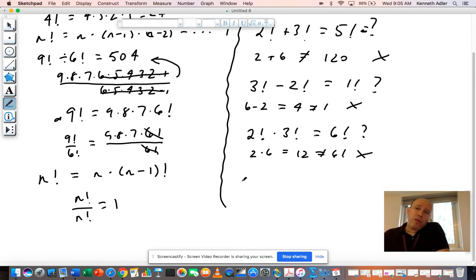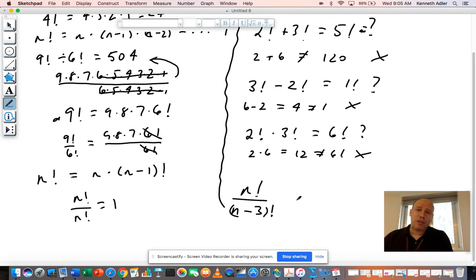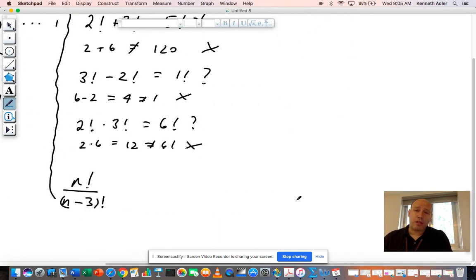So what we can do is manipulate. An example in the book is n factorial divided by n minus 3 factorial. How are we going to manipulate this? Any suggestions?